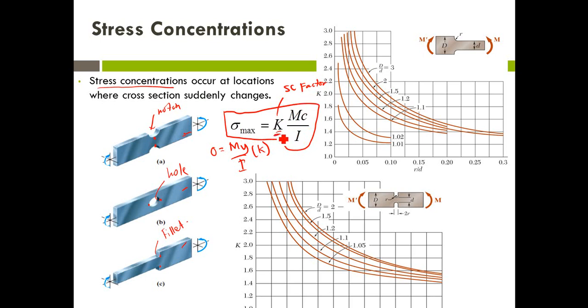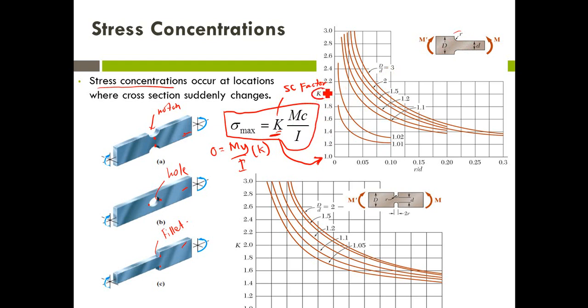So how do we determine the K? K can be determined from the graph. For example, this is a case of a fillet with radius r.